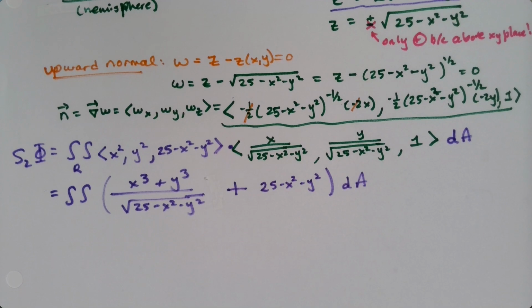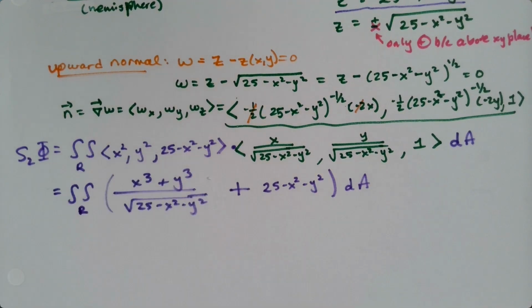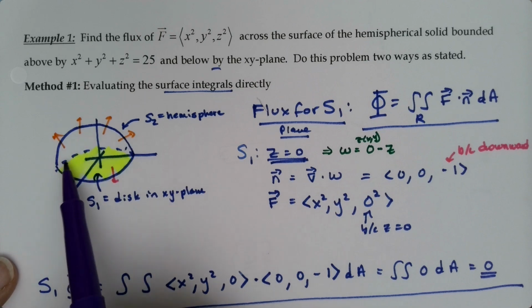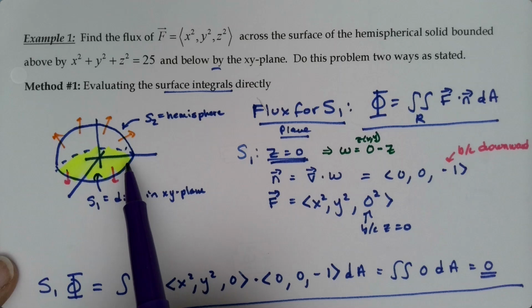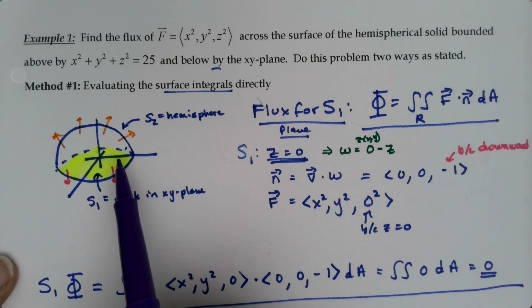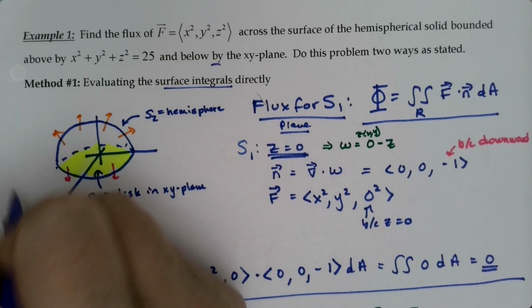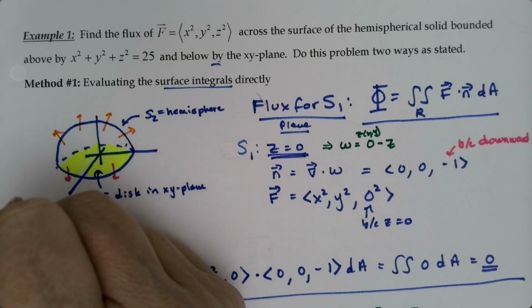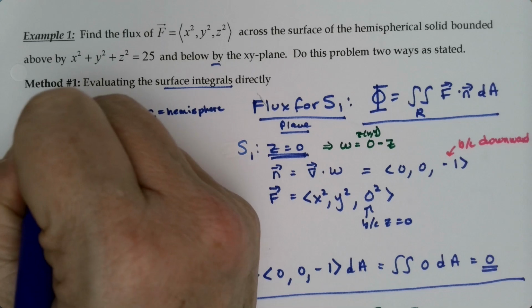Now let's think about this for just a second. What's the region that we're integrating over? Well, what's the shadow that this hemisphere casts onto the xy plane? It's a circle, right? So if we think about that region R, this is the surface.